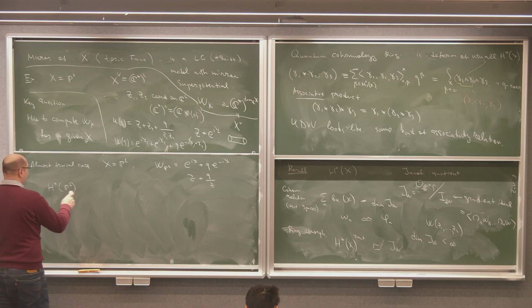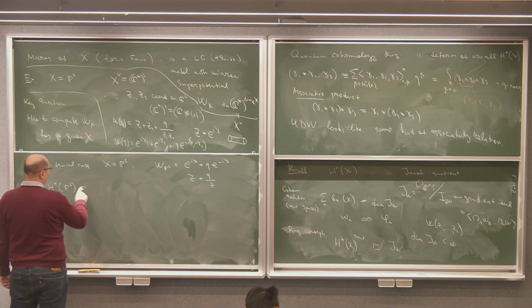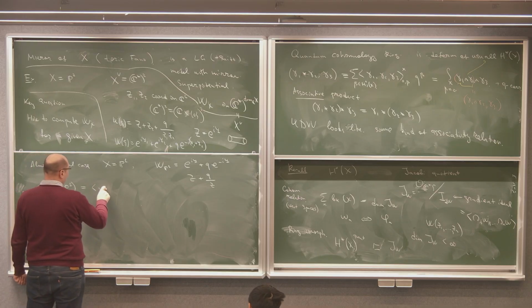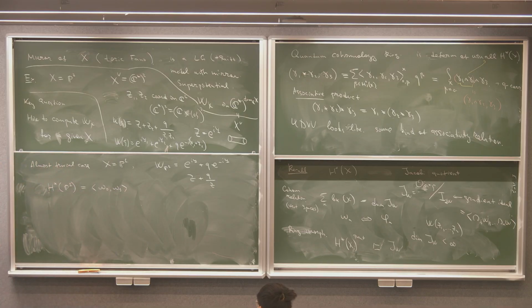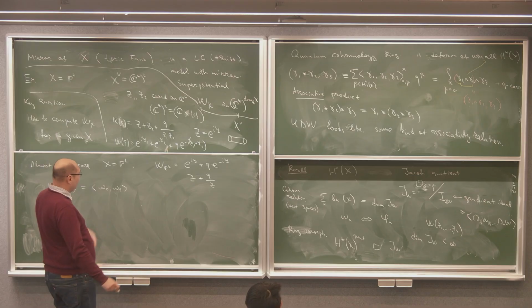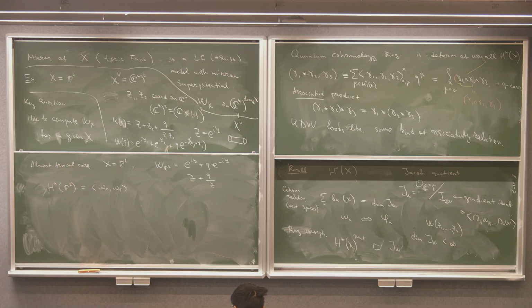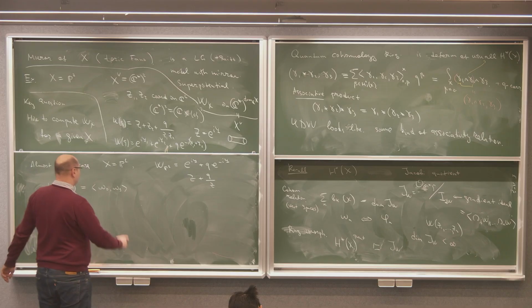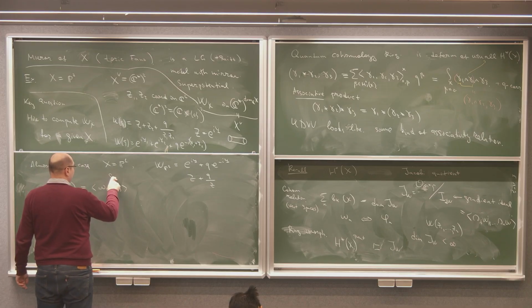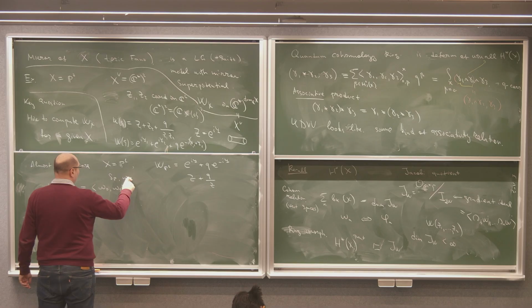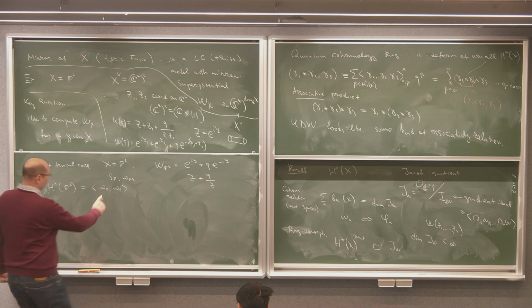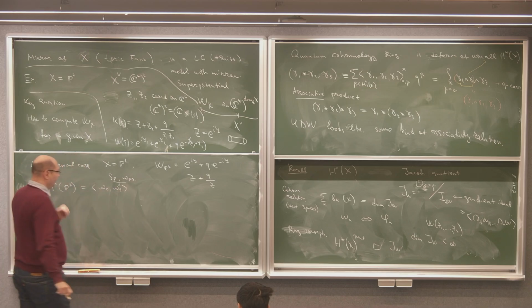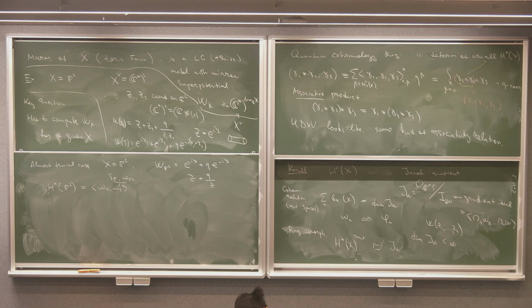The cohomology of P1 is a two-dimensional space. As a vector space it is generated by the constants and the top form, which you can say is the volume form, or the class of a point. These are different representatives for this omega 1.